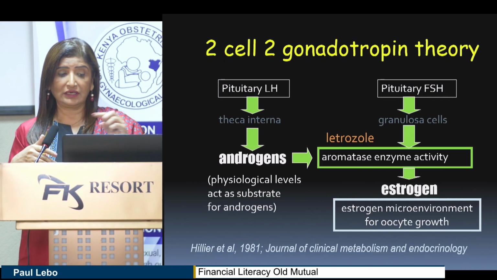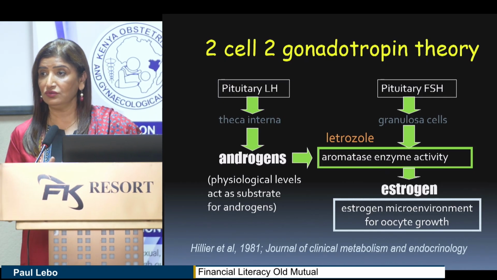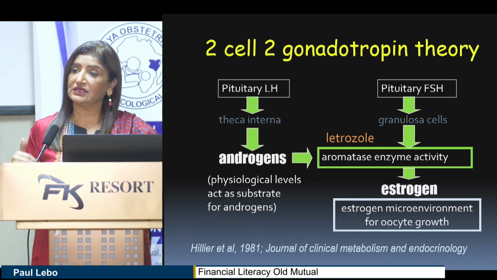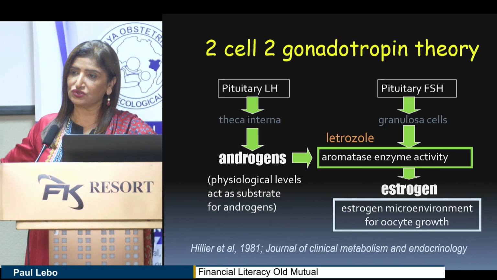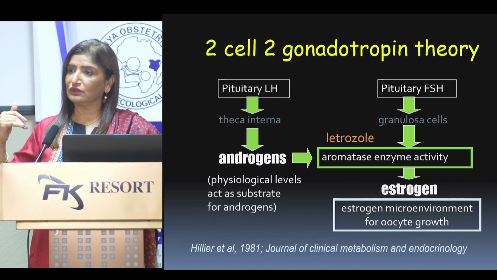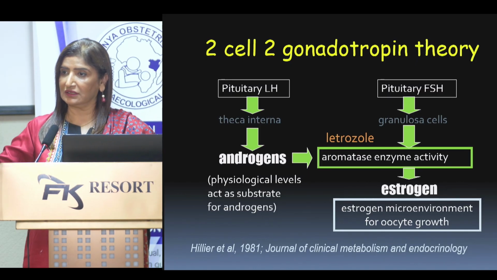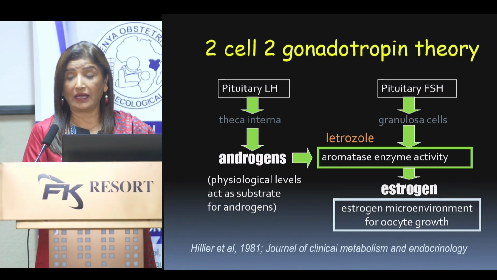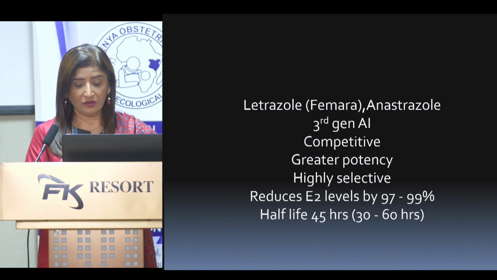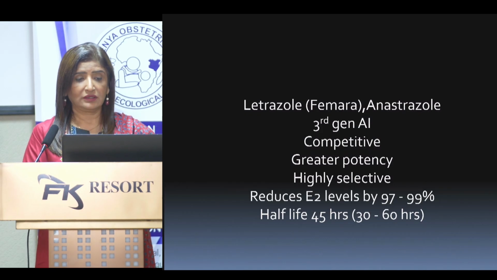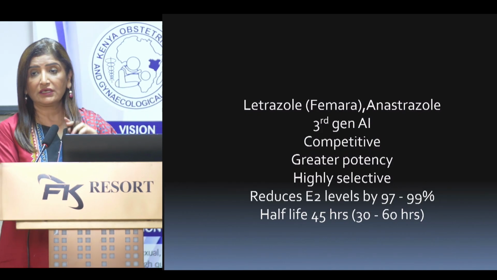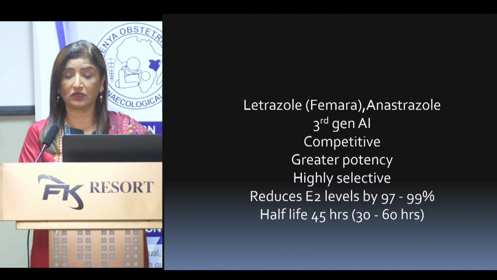It will not let the androgen get converted into estrogen, so the estrogen levels will start falling, and again the pituitary will think that the E2 levels are falling, so it will start secreting more FSH, and you will have more follicles. But the advantage here is the half-life of letrozole is very short.